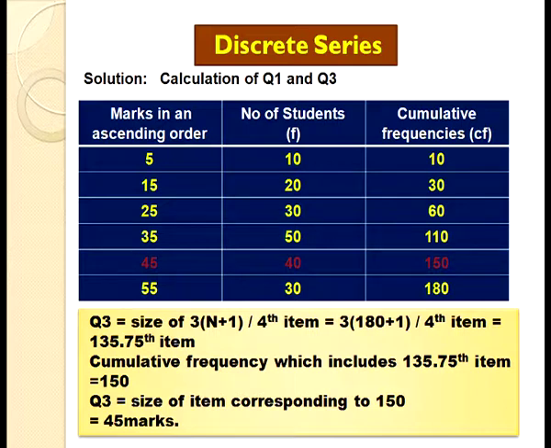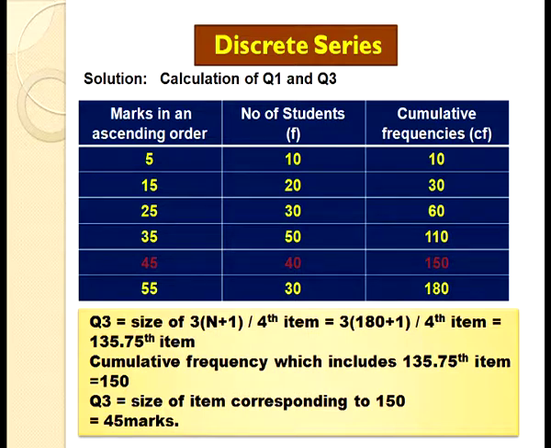Now, let us compute Q3. In case of Q3, the formula is size of 3 (n plus 1) by 4th item. Over here we put the value of n as 180. So 3 into (180 plus 1) by 4th item comes to 135.75th item.